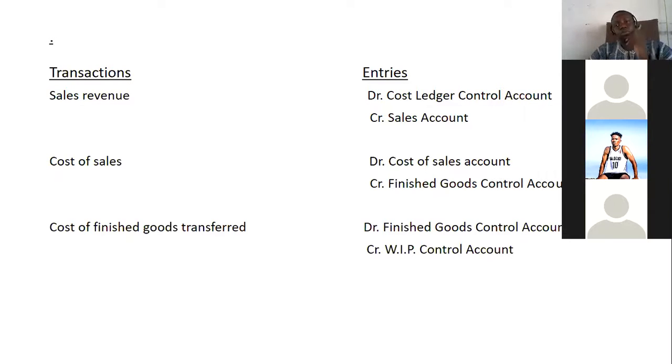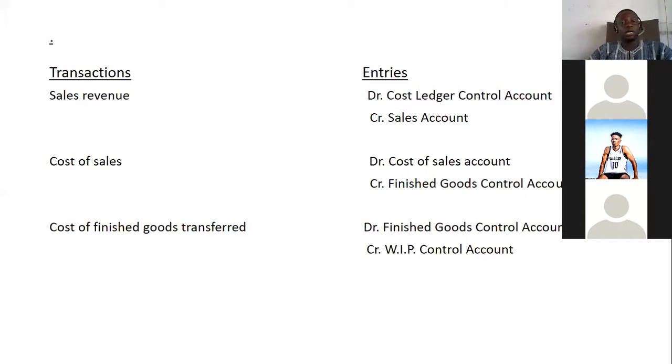When you credit your sales, the corresponding entry will be found in what? The cost ledger control account.